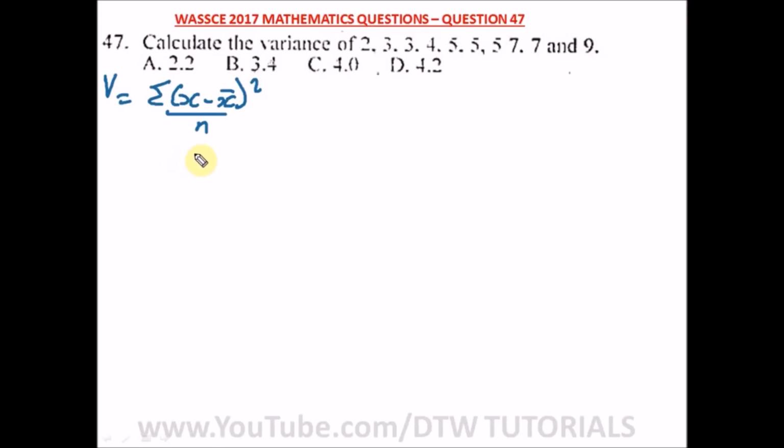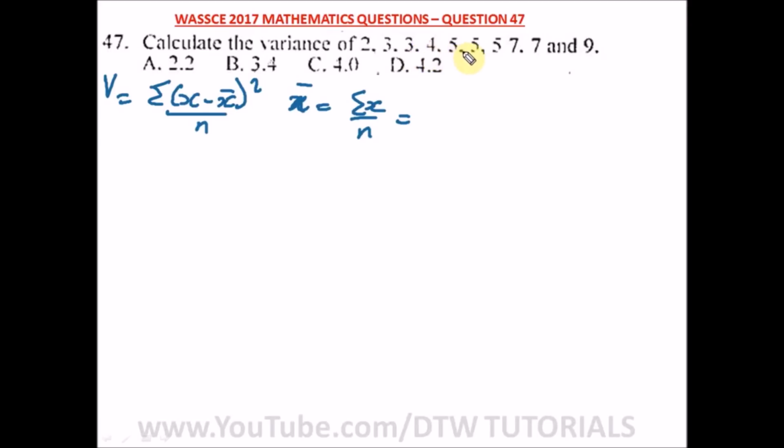All right, so the first thing we have to do is to calculate our mean. To get our mean, it is the summation of x over n. So if we add this up, when you punch in your calculator, you're going to get 50. That's 2 plus 3, 5 plus 3, 8, 8 plus 4, that's 12.